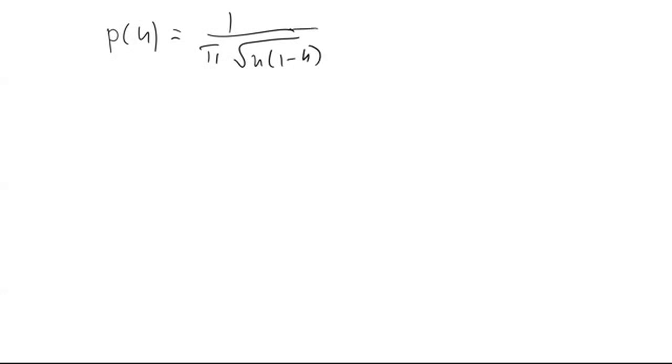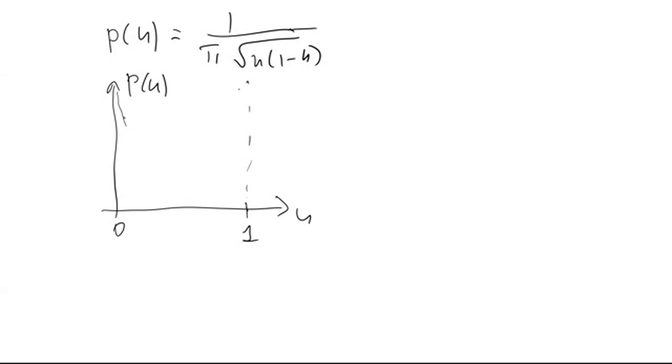Let's check how it looks. This is U, this is the probability density function of U. Now U changes between 0 and 1. So the probability density function is infinite when U is 0, and it's infinite when U is 1.